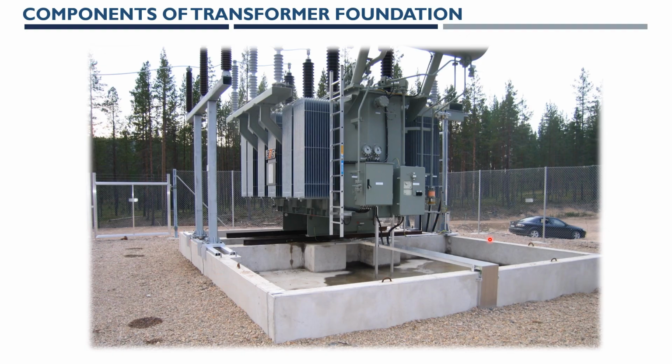All these integrated foundations and slabs are designed together for this kind of transformer. There are also some supports and inserts for the control box. These are the pulling block or lifting eye to be considered during the transformer foundation design.